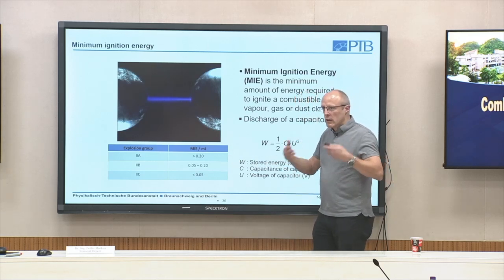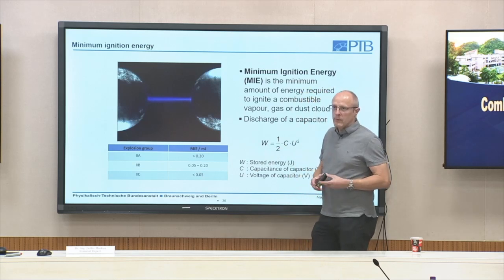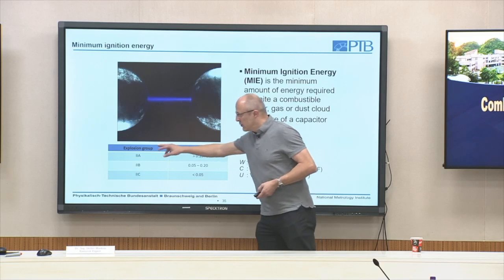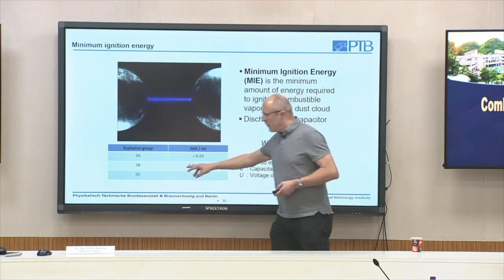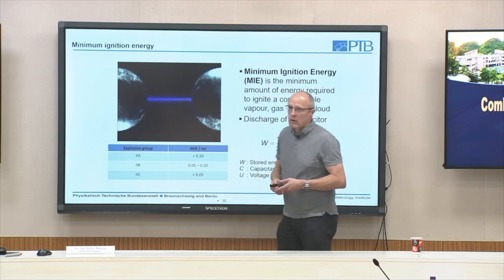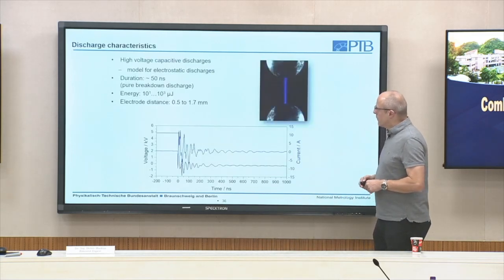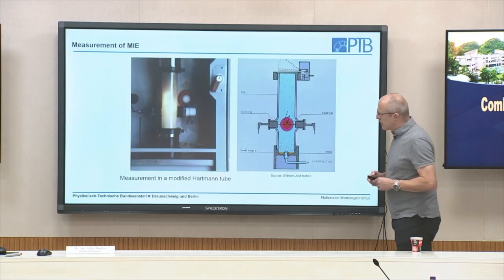Example again, ammonia, 40 millijoule. Okay, we are explosion group 2A, and all safety measures we want to use should fulfill the requirements for this explosion group. We don't have to buy the expensive measures for group 2C, for example. This we will discuss later on in detail.